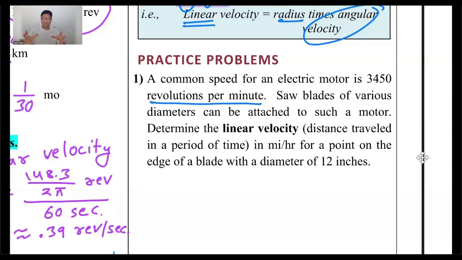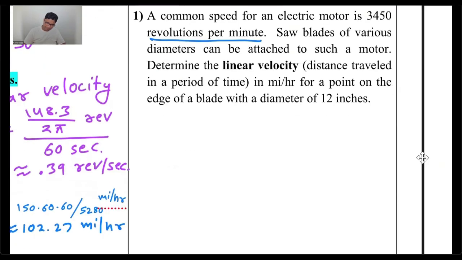Like the lawnmower we have, let's say it has an electric motor with that speed, and you can attach blades to it. Determine the linear velocity, distance traveled per unit time, in miles per hour for a point on the edge of a blade with diameter 12 inches.